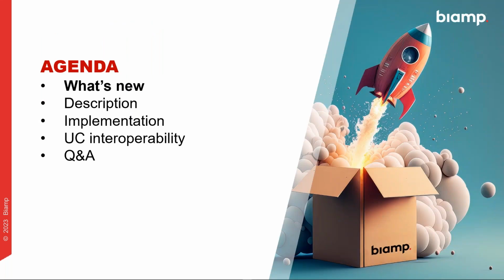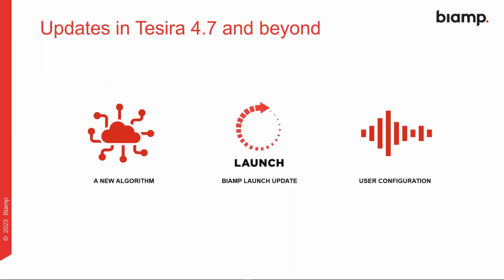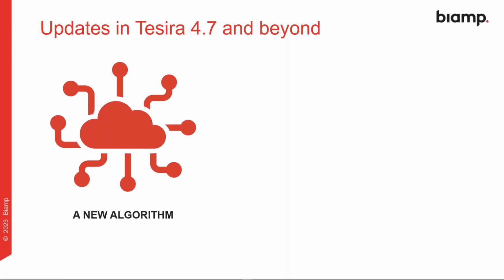So a quick run through of what's new. The big ticket item is the one on the right there. We've added user configuration of this block into Tessera 4.7 onwards. But there are other things that are new as well, and I'll just briefly touch on those. If you've been using Tessera or Devio SCX with Biamp launched since version 4.5, you'll know that we have AI processing in there already. But in 4.7, this is very much a new next generation AI process.